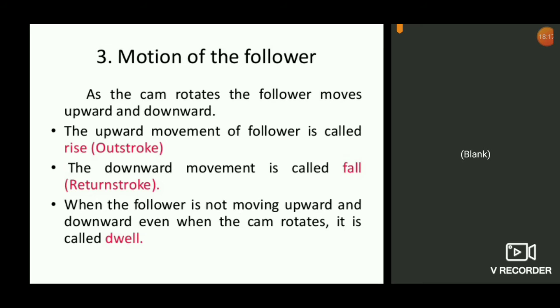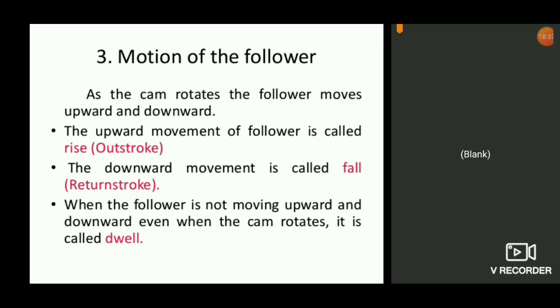It is moving up from its initial starting position. Next is downward movement. From the up position it has to come down. That movement is called downward stroke, or fall, or return stroke.